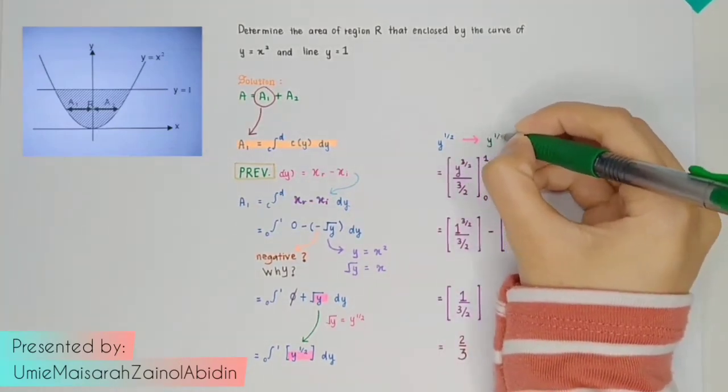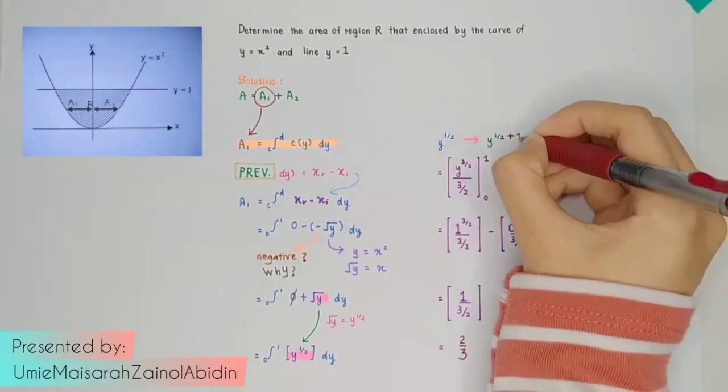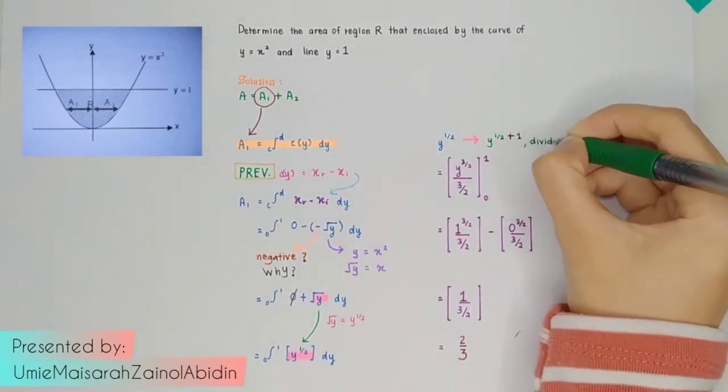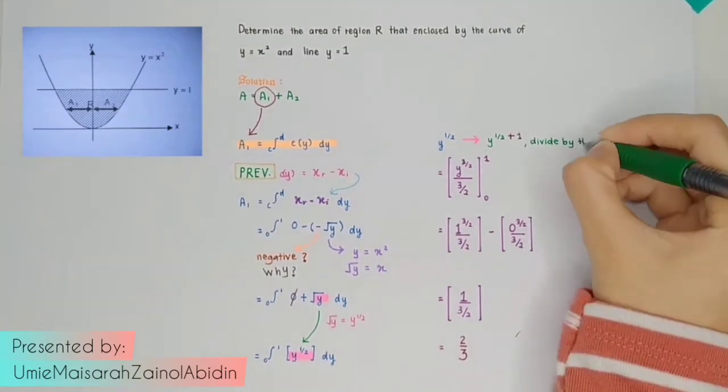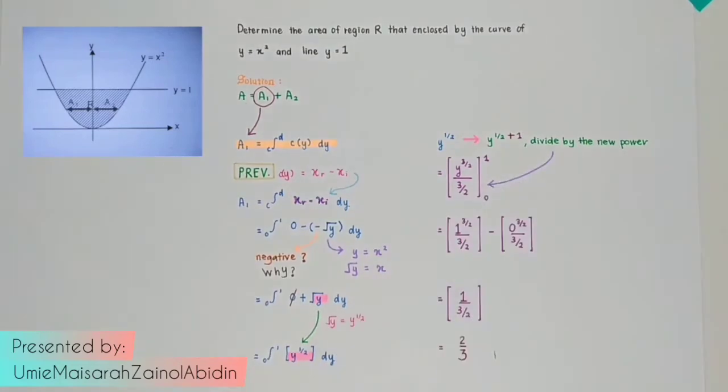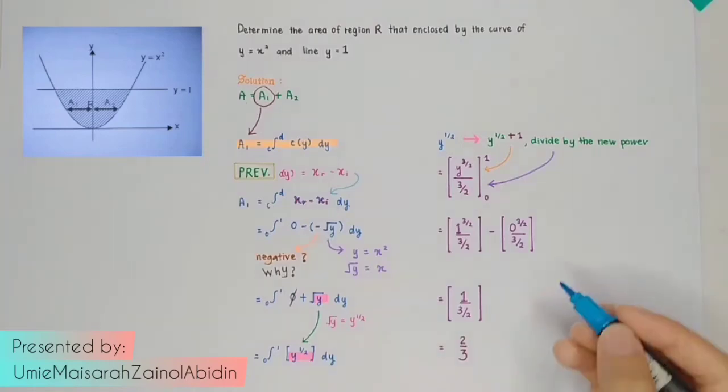When we integrate, we must add 1 to the power, and also divide by the new power. For this part, we will break it like this. 0 power of anything will always equal to 0, and down here, 0 divided by anything will also always equal to 0. So if there's a calculation like this, take it easy, no need to calculate anymore, just write 0.